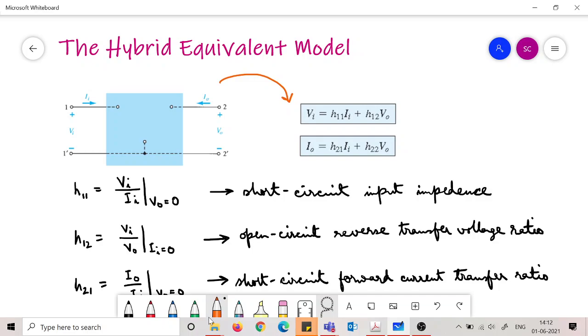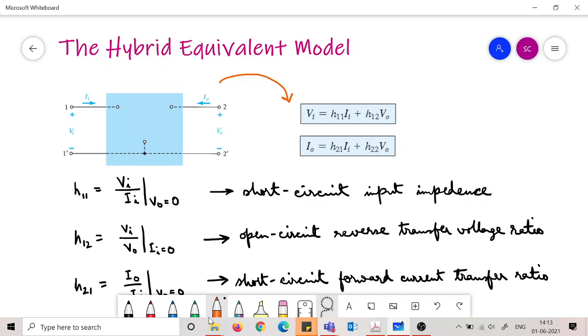This is as per convention. You could have said, no, I want to define V0 as a dependent variable, and Vi and Ii as the independent variables. That could also have been done, but this is the way it has been defined, and the convention has continued, and we continue with this only.